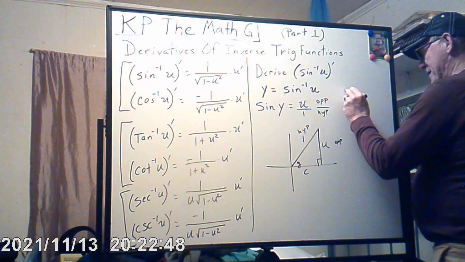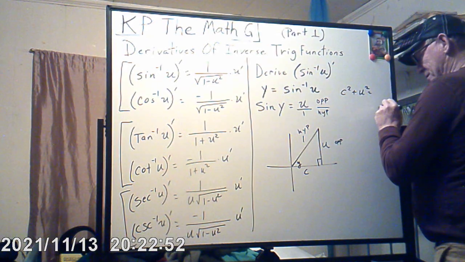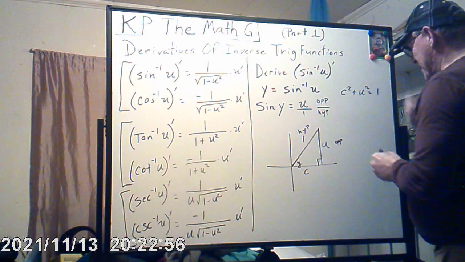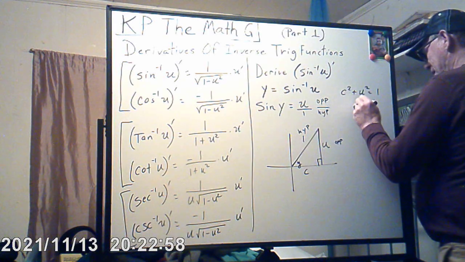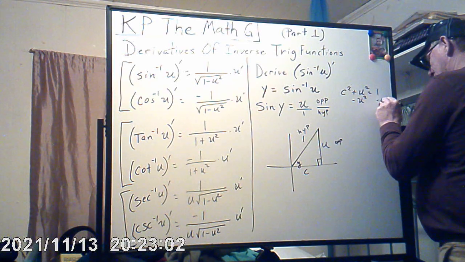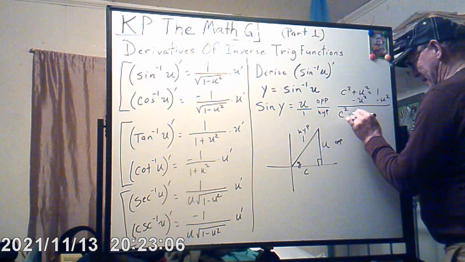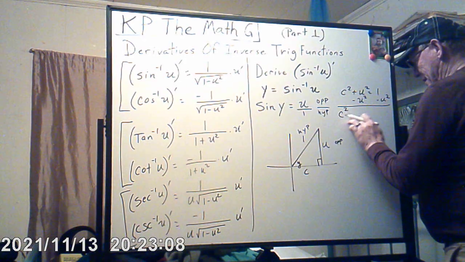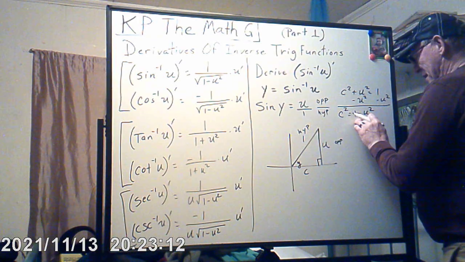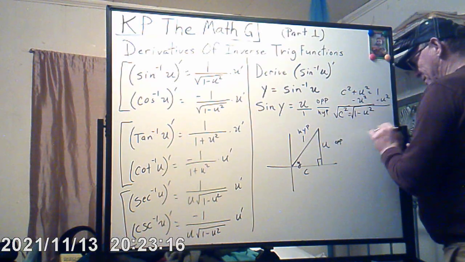So we have C squared plus U squared is equal to 1 squared, which is just 1. And if we solve for C, we can subtract U squared on both sides. So what we have here is C squared is equal to 1 minus U squared. And then if we take the square root of both sides, we're going to keep the positive side of it.